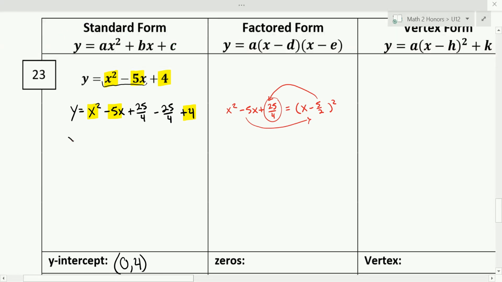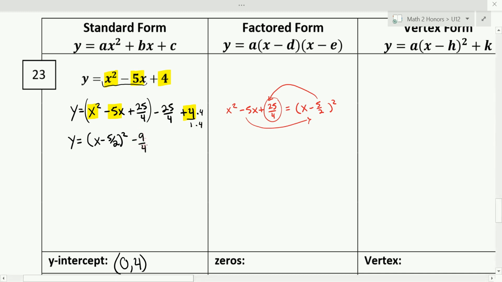Once you have that, the first three terms factor to that perfect square, and it's going to be x minus 5 over 2 squared. That's what we saw in our scratch work. Then we need to add the last two terms. Right now it's a 4 over 1. I need to get a common denominator. What are we going to get when we add those? Negative 25 over 4 plus 16 over 4 is negative 9 over 4.